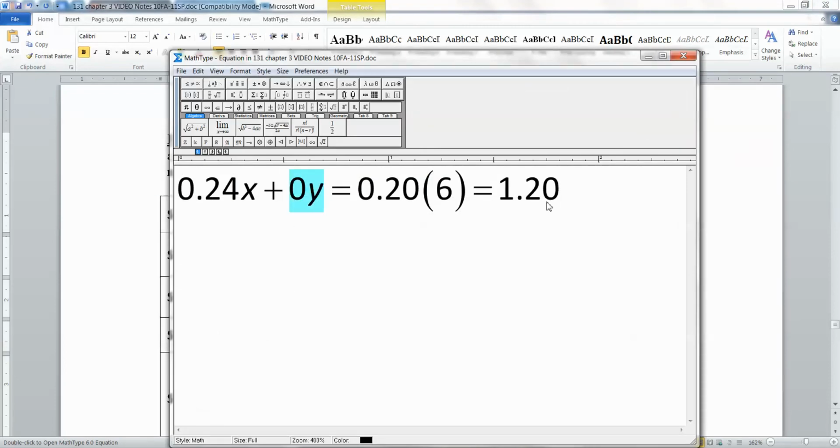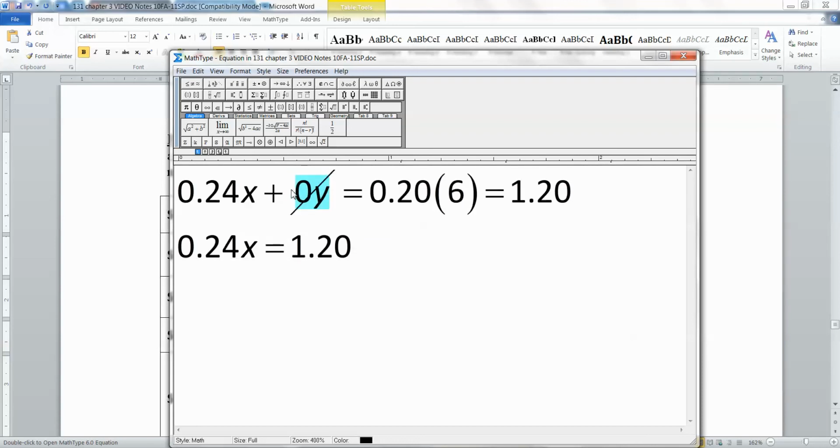Notice it's 0y, right? So think about what that means for just a second. 0.24x equals 1.20, right? The 0y goes away because it's 0y. That's the whole deal about 0 times any number is 0. It's gone. So all you have to do then is divide by 0.24 and you've got it.